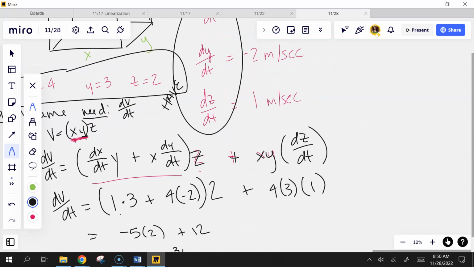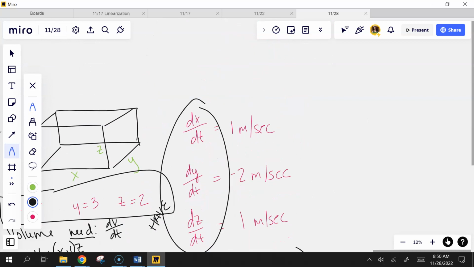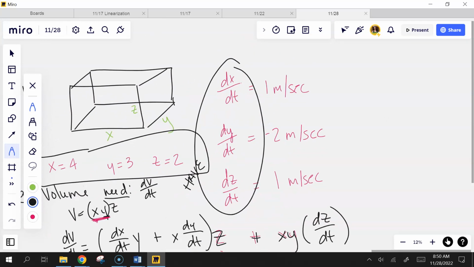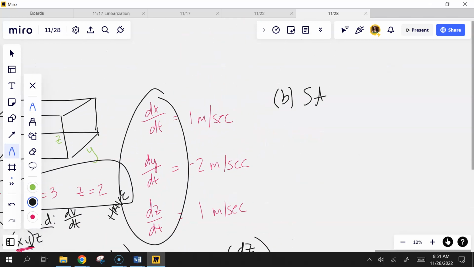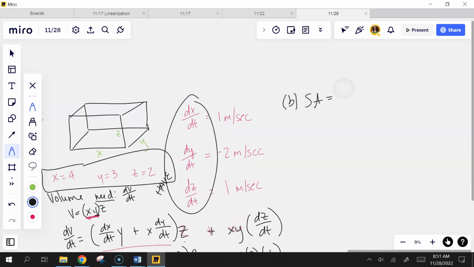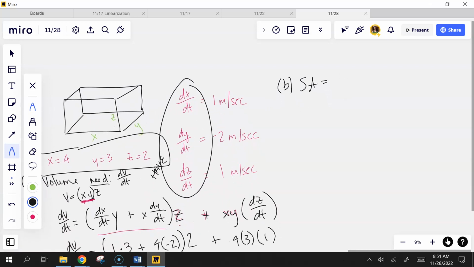You try surface area then. Part B says, how is the surface area changing? How do you find surface area? Y'all might need to know that. How do you find surface area of a rectangle or a box like that? Y'all remember? All right, so surface area is the area of each side all added together, right? So we've got x times y, that's the bottom and the top, right?